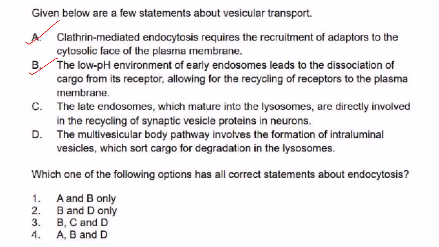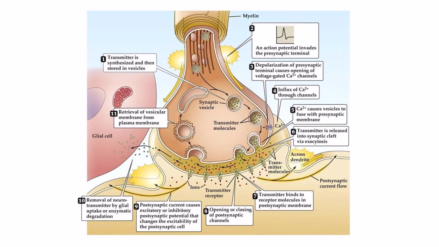Then, the late endosomes which mature into lysosomes are directly involved in the recycling of synaptic vesicle proteins in neurons. Before answering that, I will tell you what is happening to the synaptic vesicle proteins in neurons. This is the synaptic vesicle in a neuron.